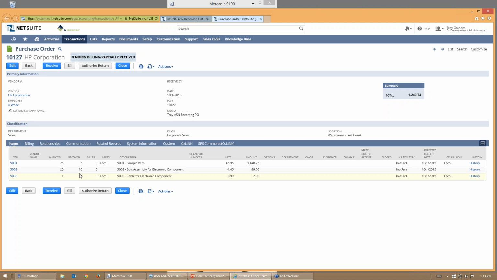But the actual item labels can be done on a per count or a per line basis, so that you could have as many labels print off as you need, depending on whether you accept an entire quantity or a partial quantity, but that represents a full line quantity on a transaction. You can print those labels out directly from NetSuite.